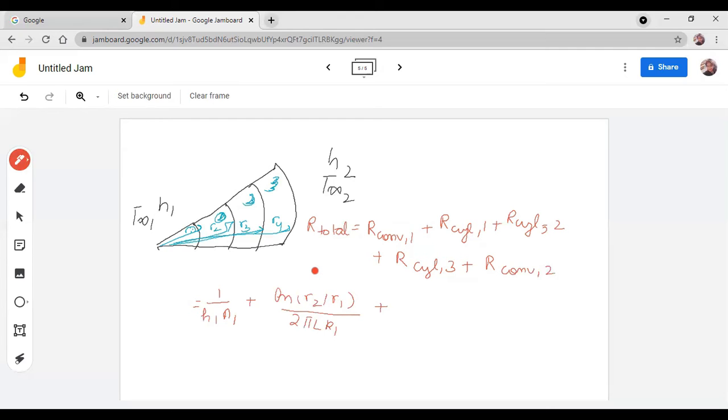Then ln of r3 by r2 over 2 pi L k2, where k2 is the thermal conductivity of the second cylinder, then ln of r4 by r3 over 2 pi L k3, plus 1 upon h2 A4.